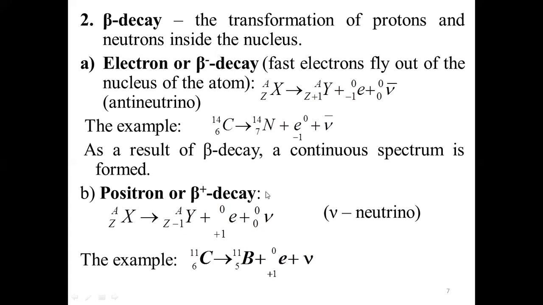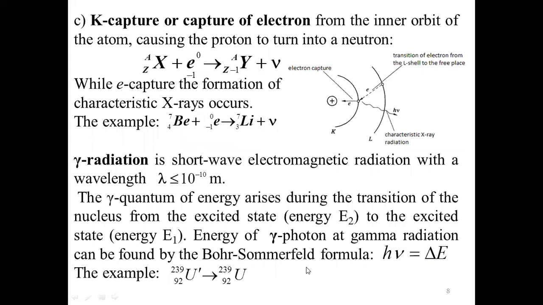Positron or beta plus decay, we have such a schematic reaction when we have formation of a nucleus with charge reduced by one, with formation of a positron and neutrino. The example is the decay of carbon-11 with formation of boron-11, a positron and a neutrino.